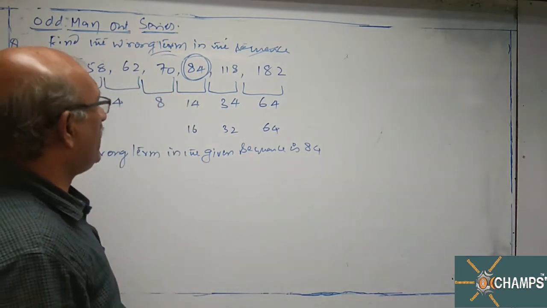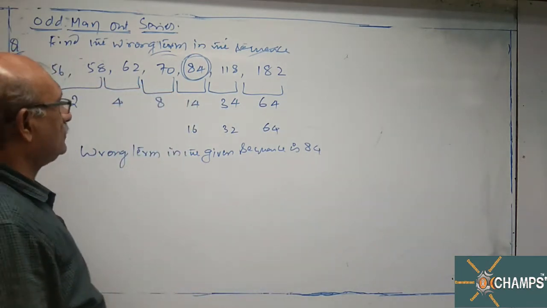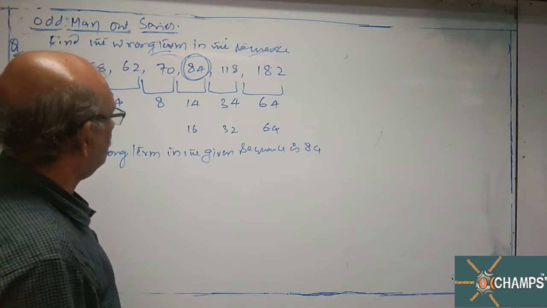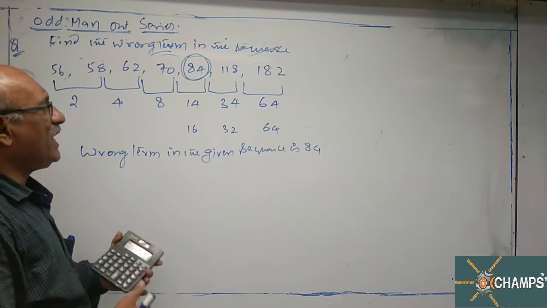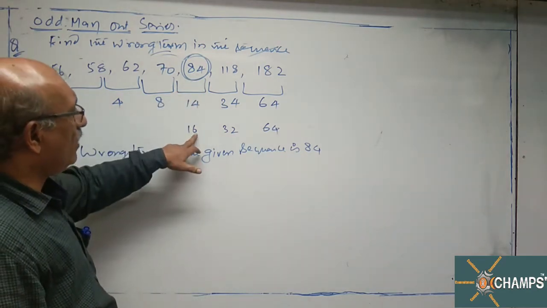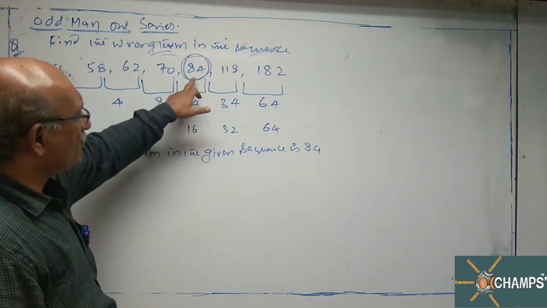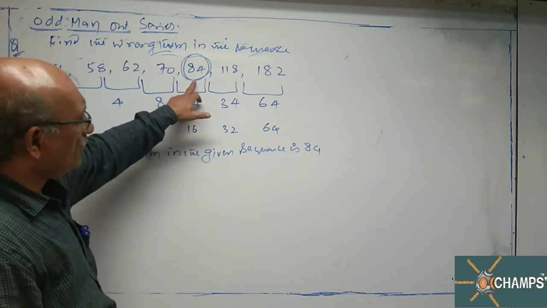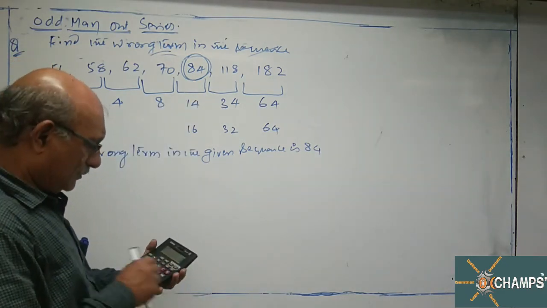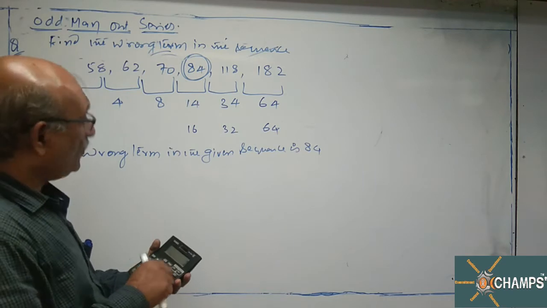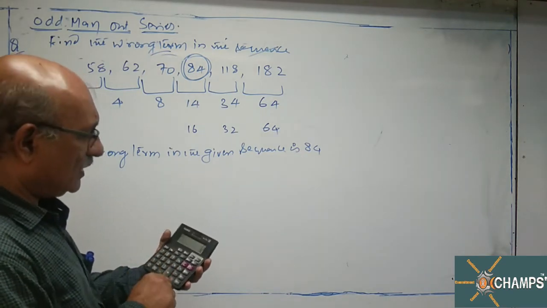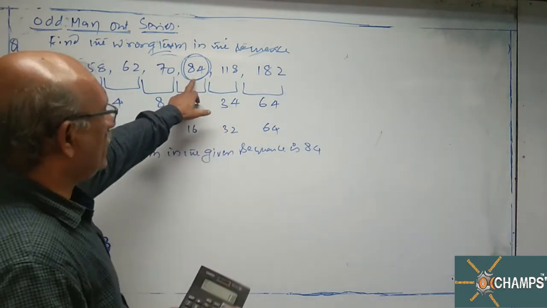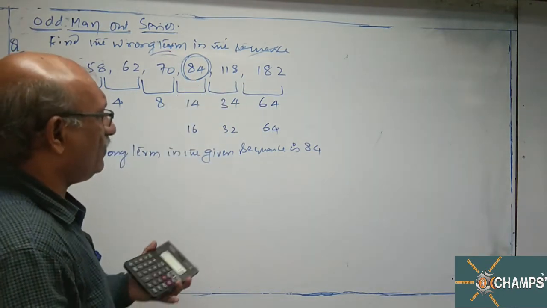You have to replace 84. It should be 86. Instead of 84, if I have 86, 70 plus 16, 86. 86 plus 32, then it should be 118. So it should be 86 instead of 84.